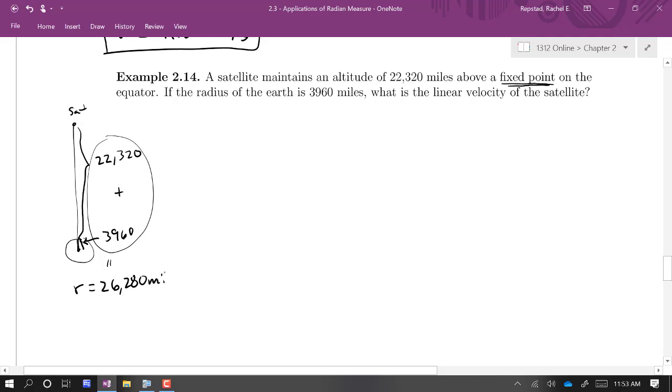Next, what we need is the angular velocity. And here's where it's important that this satellite is maintaining an altitude above a fixed point on the equator. So if I know the angular velocity of the Earth revolving on its axis, then I'll know the angular velocity of that satellite. So the Earth revolves on its axis once, one full revolution every 24 hours.